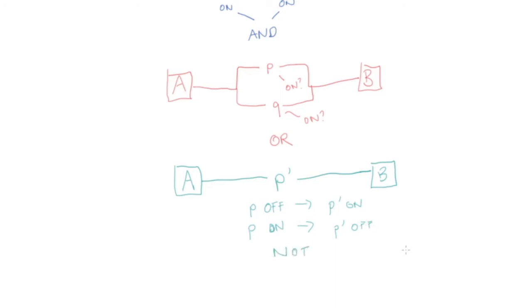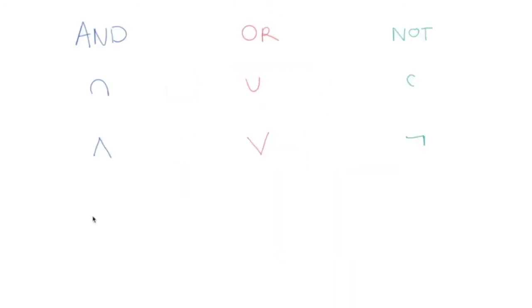So in all of these cases, we have a correspondence to and, or, and not. When we're talking about circuits, with and, we have that serial kind of circuit. We also have that forking circuit that we saw, which corresponds to OR. And then finally, we also have that P prime circuit, where P prime is the opposite switch to P, which corresponds to not. So in the world of circuits, we also have correspondences to and, or, and not.